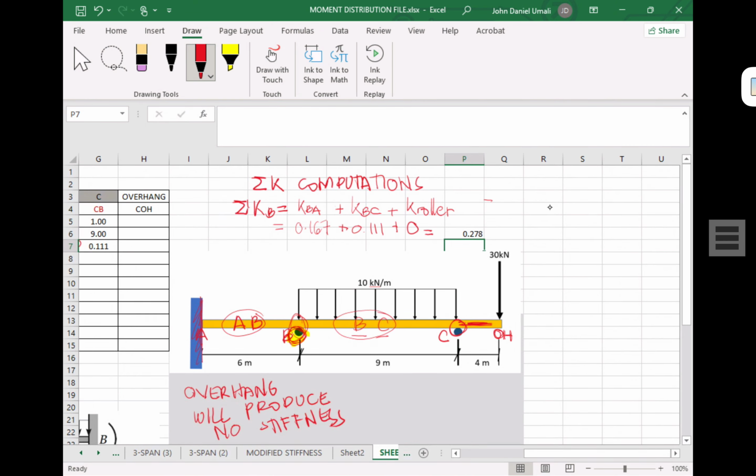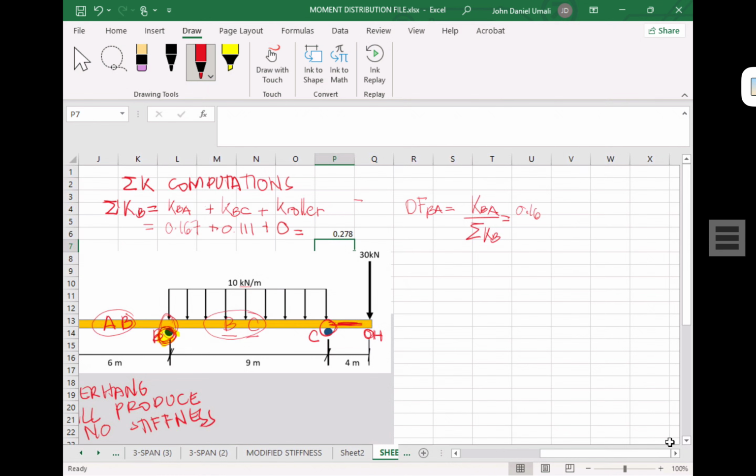So if we will compute for DFBA, that is KBA over summation KB, which is equals to 0.167 over, sorry, not 0.111. It is 0.278.